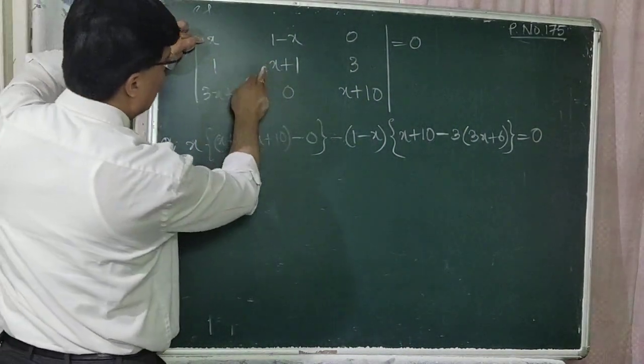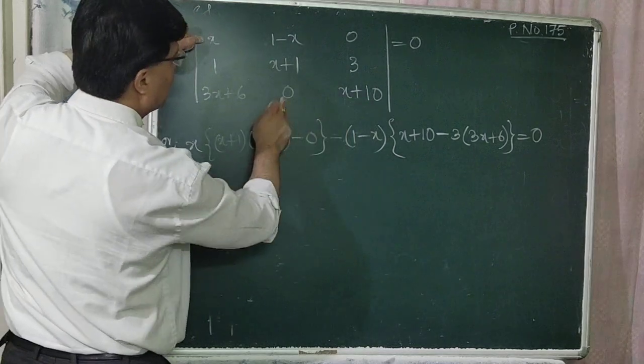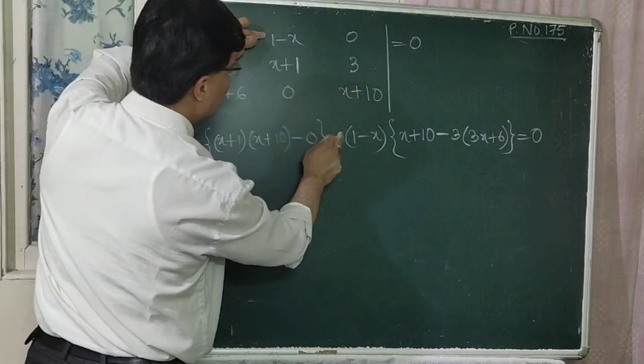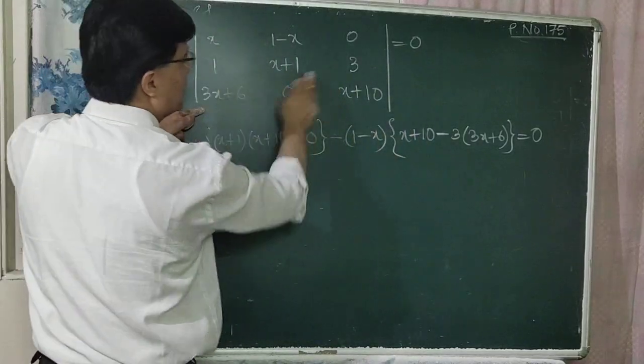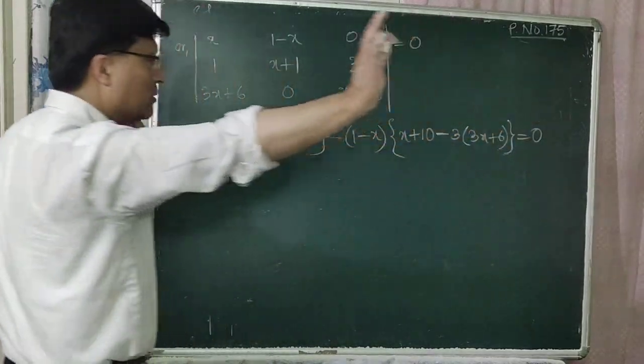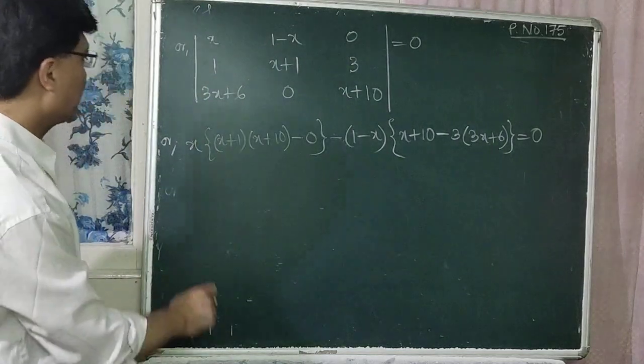Let us check it now. x plus 1 into x plus 10, then minus 0, then comes minus 1 minus x, then 1 into x plus 10, x plus 10, then minus 3 into 3x plus 6, which is equal to 0, right?